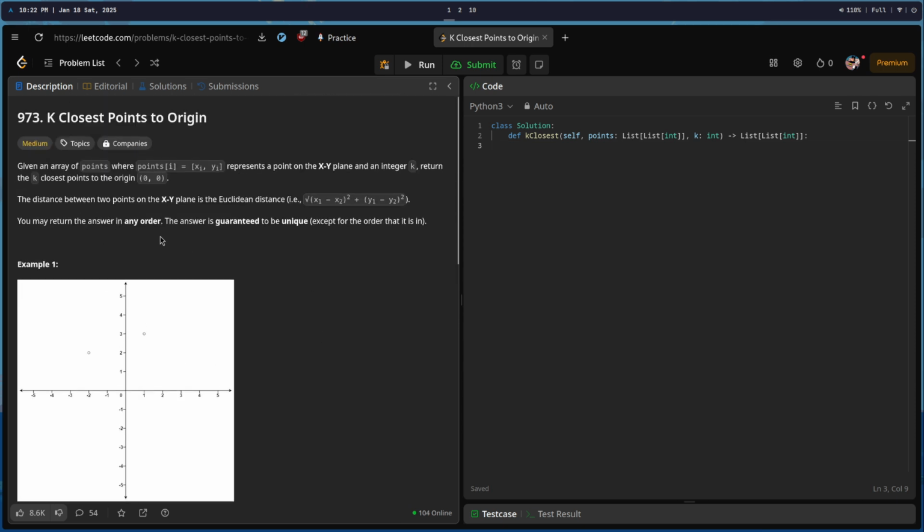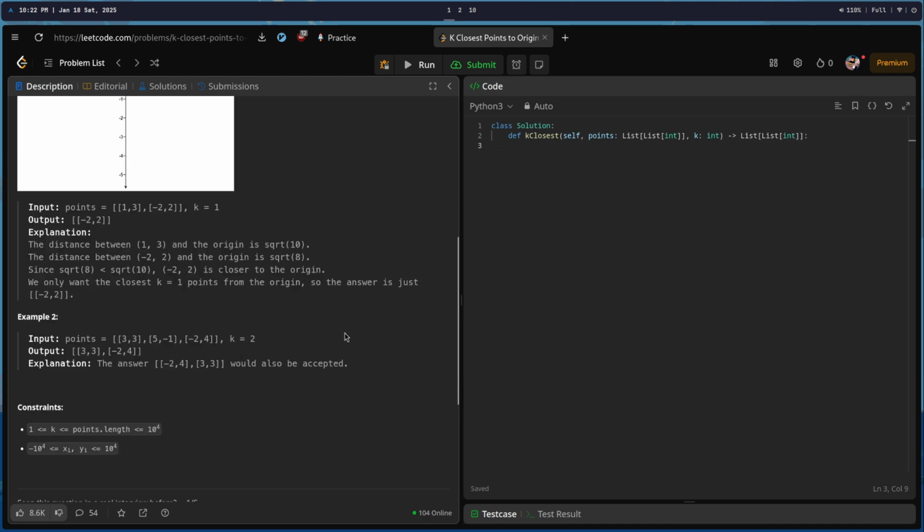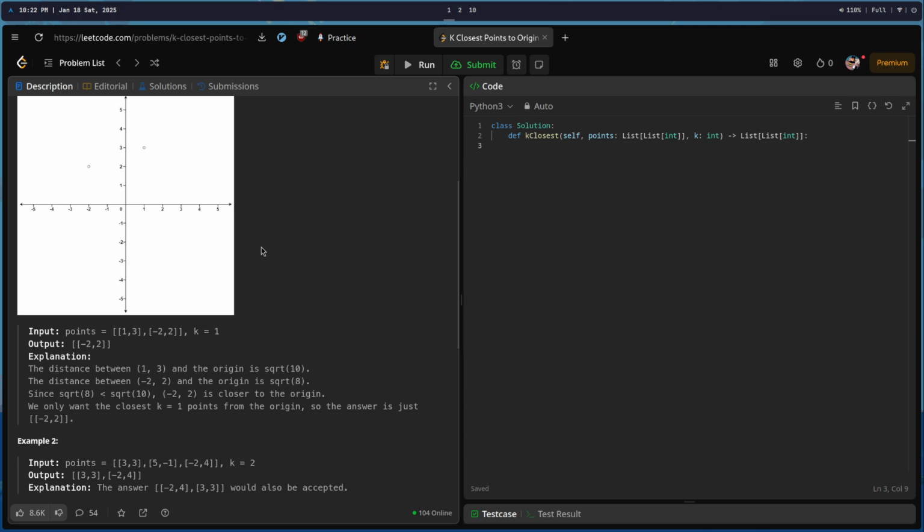Okay, well, the k closest points to the origin. Oh, I see, which is 0, 0. I see. We can have a min heap, some kind of min heap that stores some value.